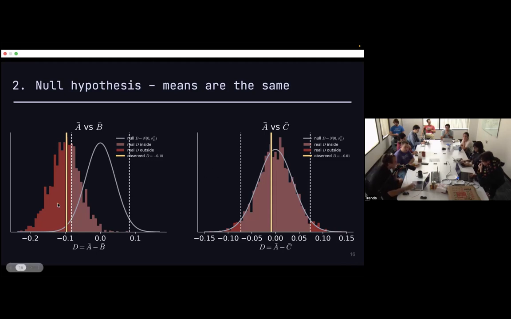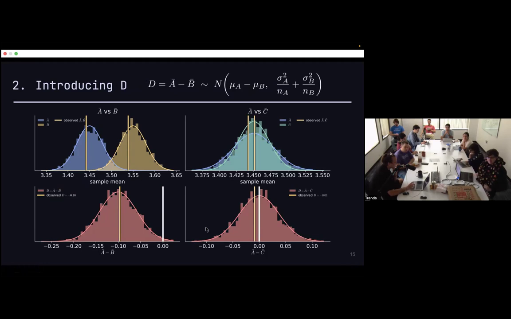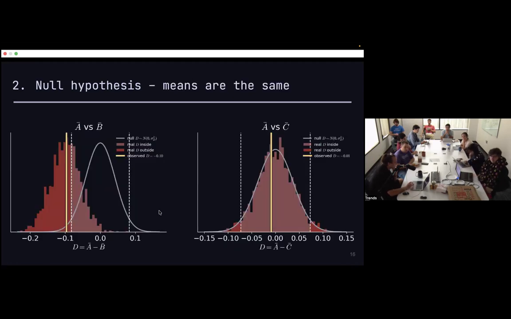Here you see a transition from this lower thing to this. The null hypothesis bell looks like this. You see that the example mean is falling here, and the overall sample mean distribution is shifted relative to the null distribution, at least for A and B. For A and C, we see that the null distribution and the real sample distribution are more or less the same.